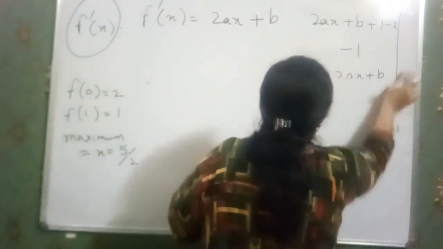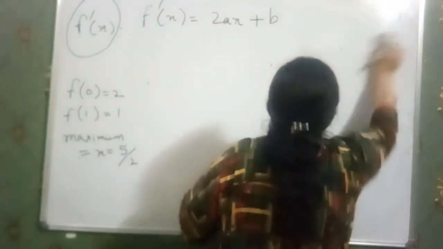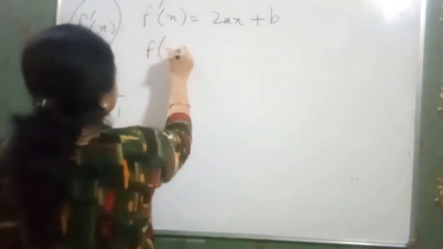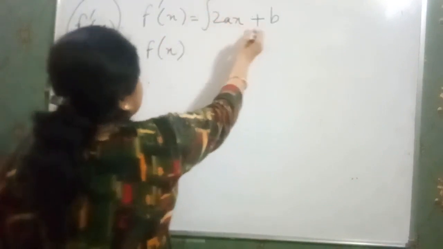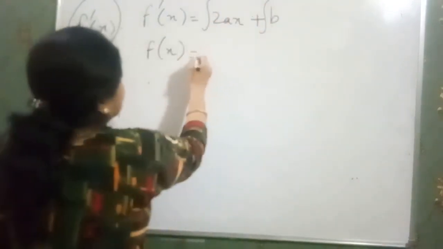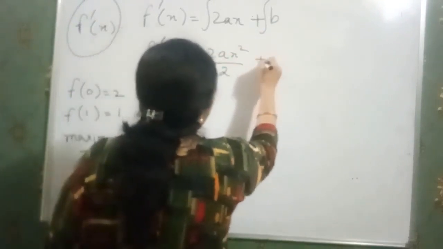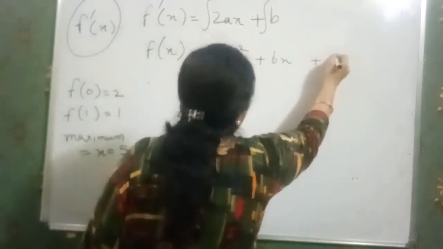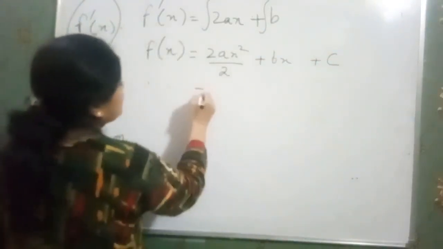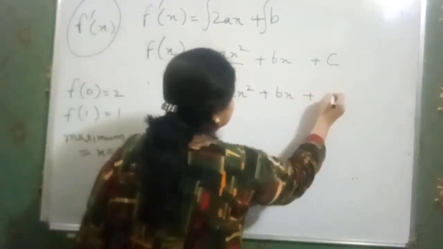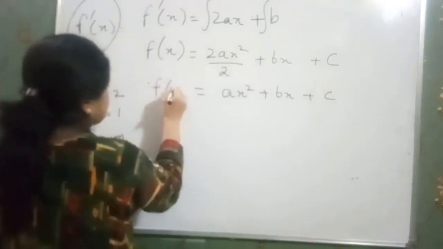Now in order to find the main function, we just integrate it. So we have 2ax square upon 2, plus bx plus constant c. So we are left with ax square plus bx plus c. This is our function f of x.